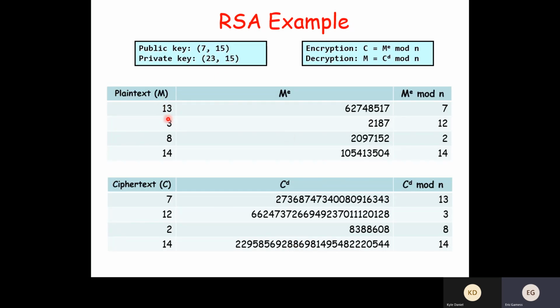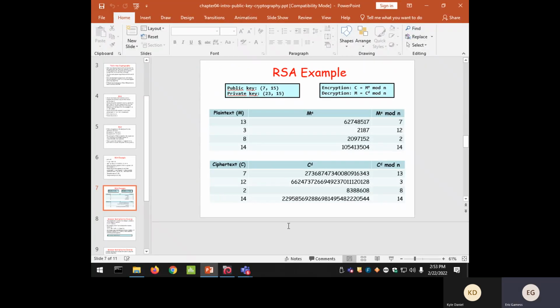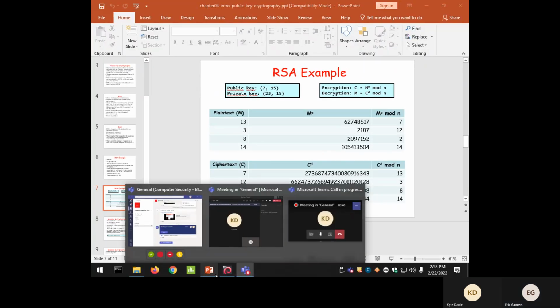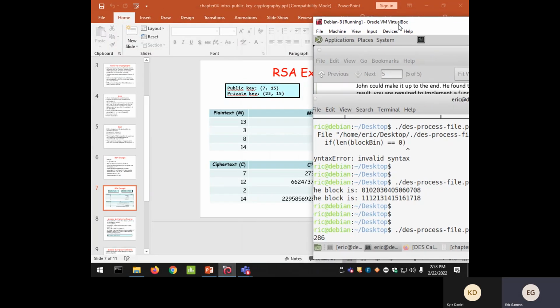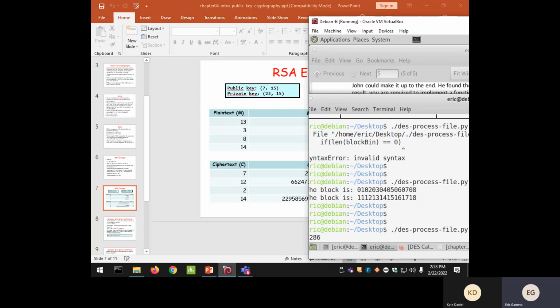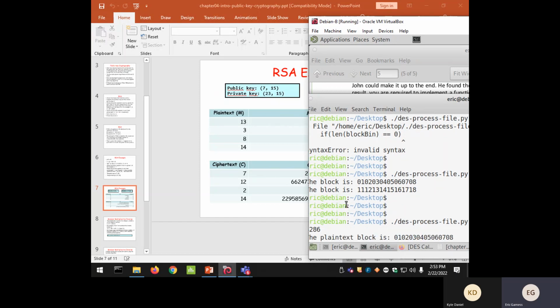So let's say that we have a message, which is 13, and we want to encrypt it. So what should we do? We'll do 13 to the power of 7, modulus 15. Let me show you with the computer. We are going to use our favorite calculator, which is Python.